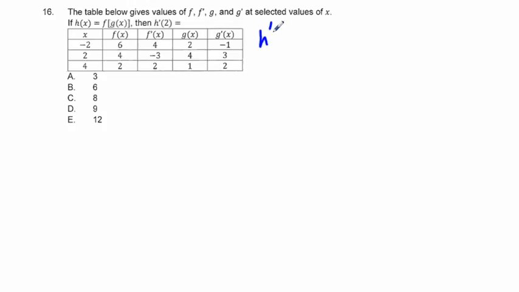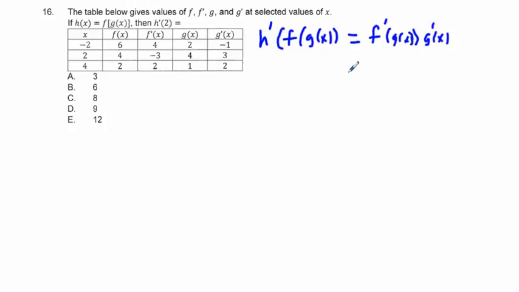If we have h of x equals f of g of x, then h prime of x is going to be equal to f prime of g of x times g prime of x.